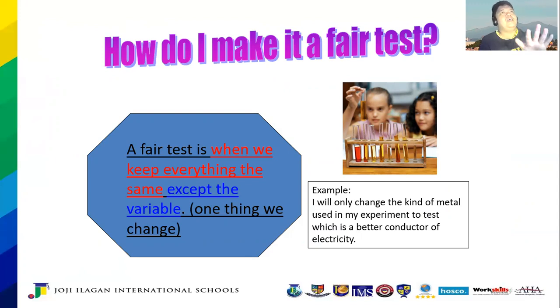You keep everything the same except the variables. The one thing you should change. Okay. So again, keep that in mind. No? Mahirap na kung yung ginagawa mong test in an experiment, parang change mo lahat. Nako, napaka-delikado niyan.